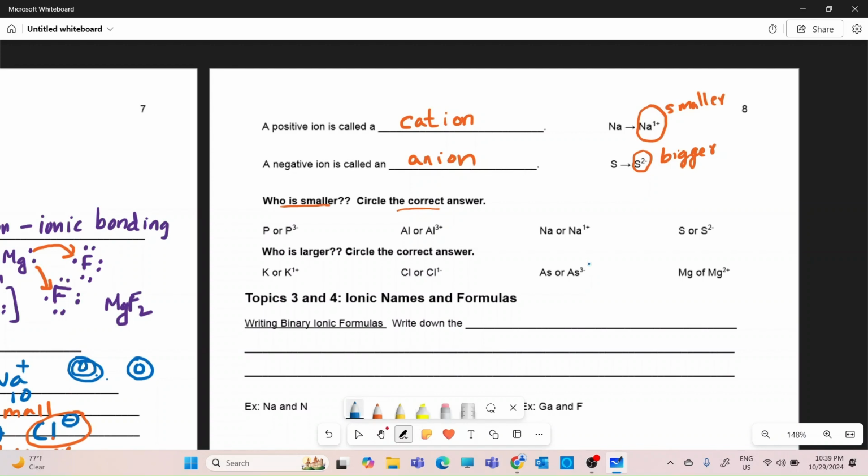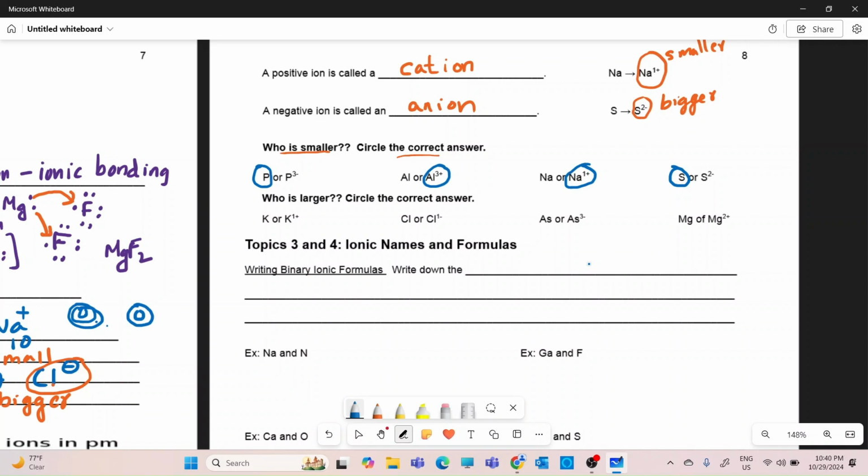Anions will be bigger, so the atom will be smaller. If it is a negative charge, that will be bigger. If there is a positive charge, that is a cation, that will be smaller. Na and Na plus, positive will be smaller. S and S2 minus, negative will be bigger, so this will be smaller.